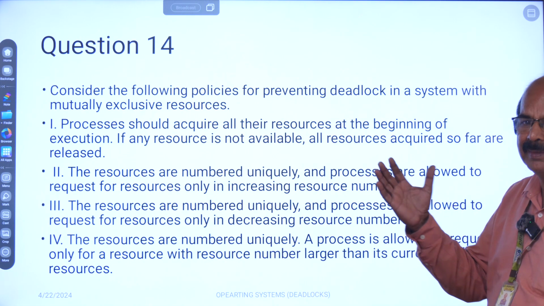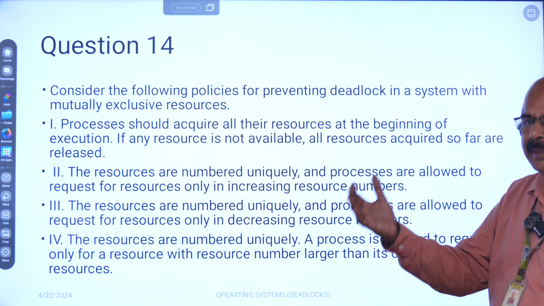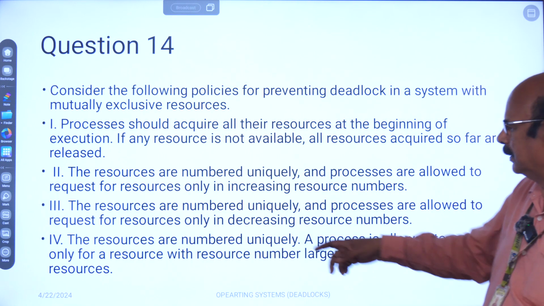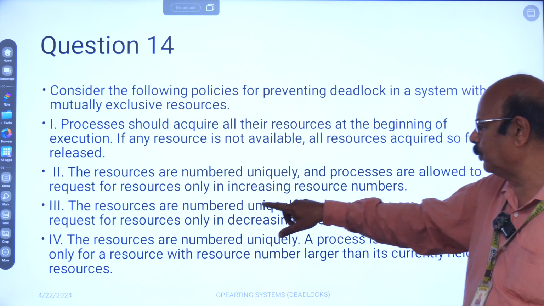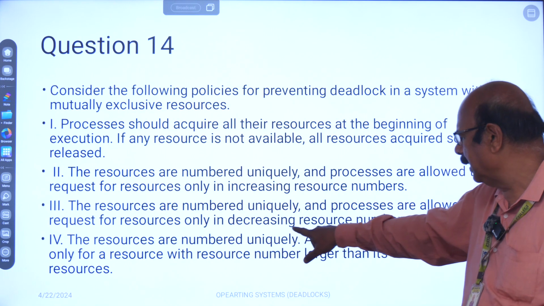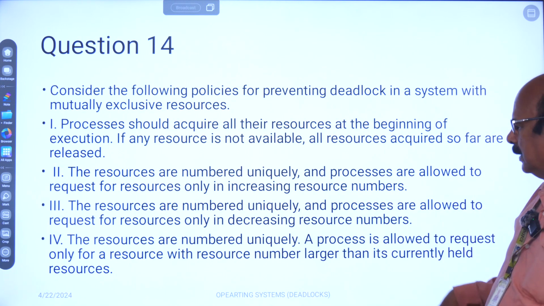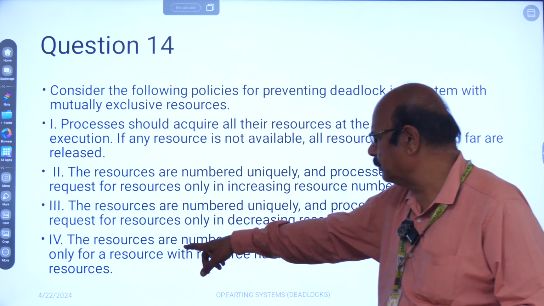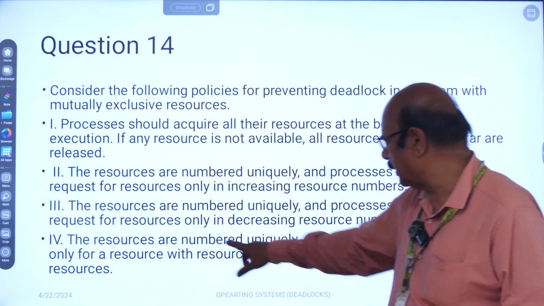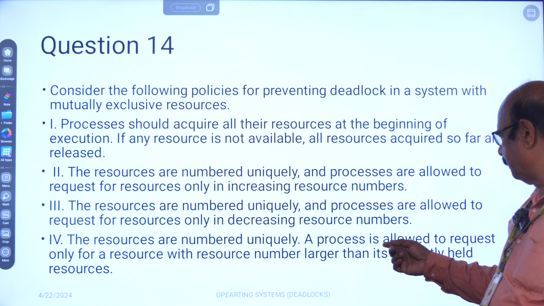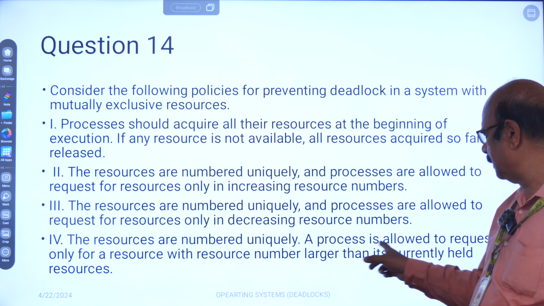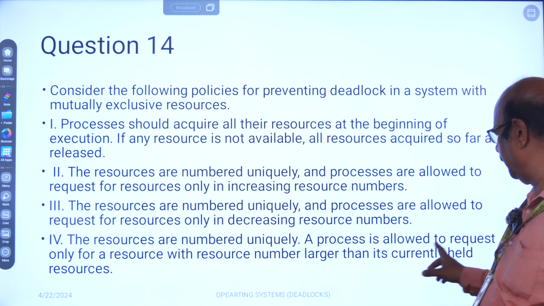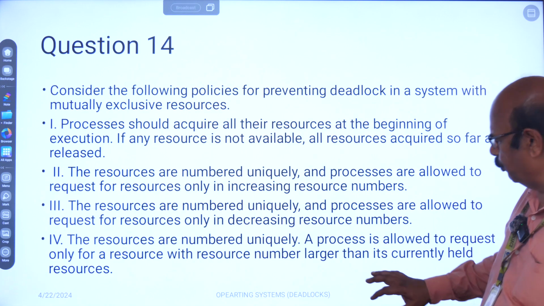Another policy is that resources are numbered uniquely and processes request only in decreasing resource numbers. The 4th policy is that resources are numbered uniquely, and a process is allowed to request only a resource with a number larger than its currently held resources. Those are the 4 policies.